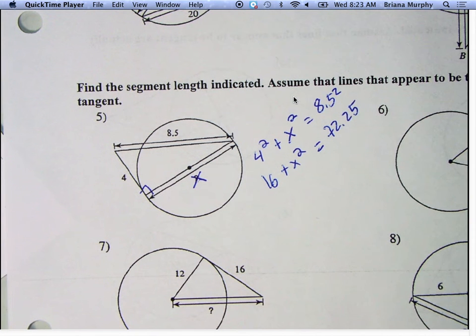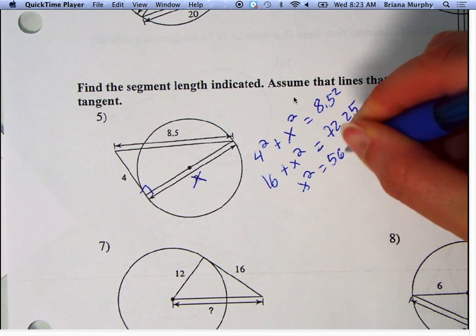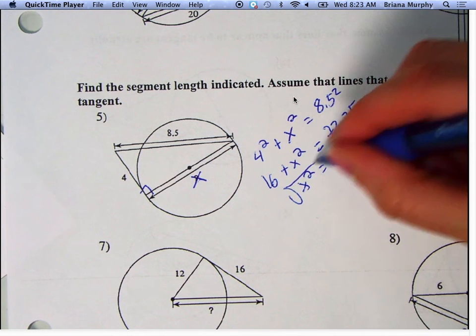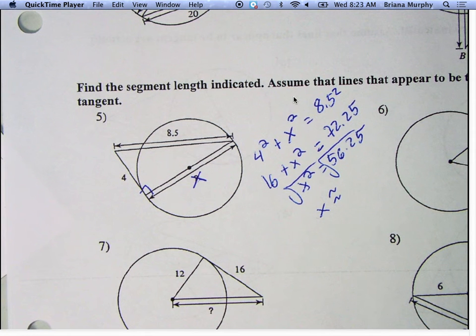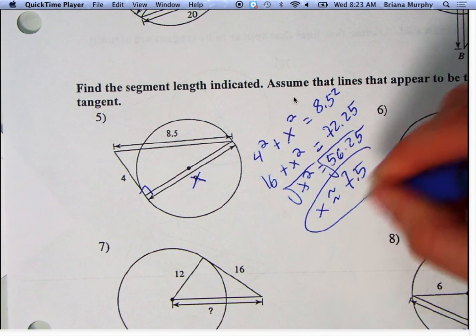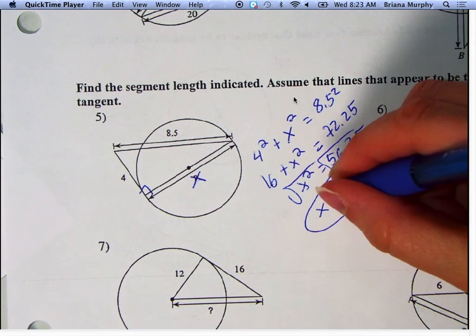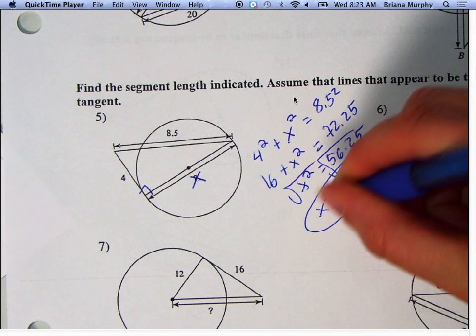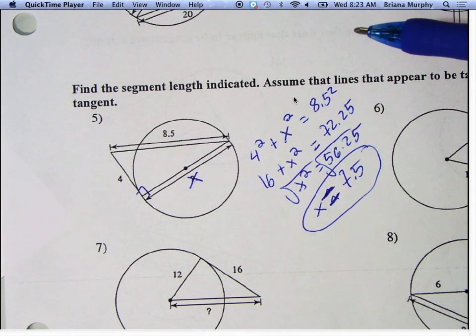And then I'm going to subtract 16 from that, and I get x squared equals 56.25. Then I'm going to square root it, and I get x is 7.5. It's actually not an approximation, it is exact. All right, let's look at the back. It just wants you to find what x is, or the unknown side.